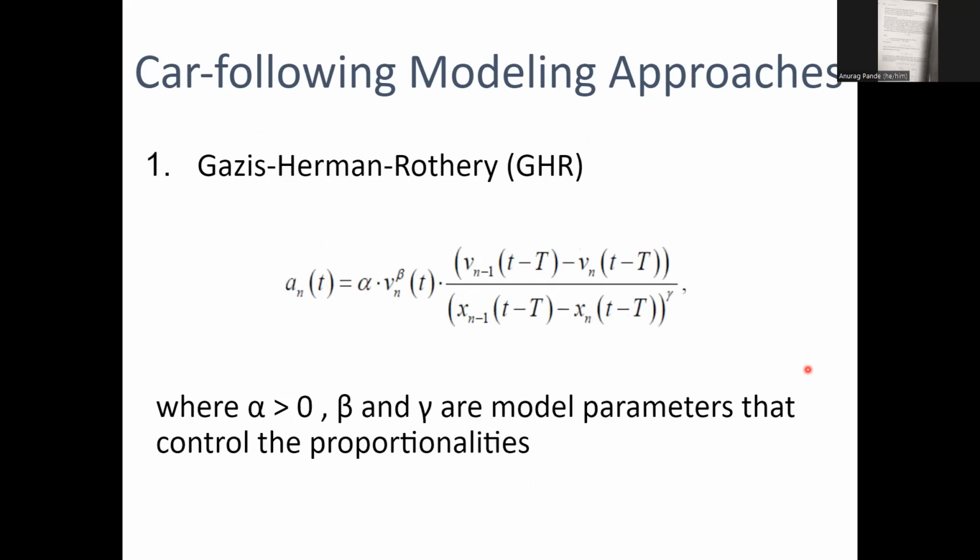Okay, so this is a complicated equation, and I should warn you that this is the math that's coming your way, at least some version of it. It looks very complicated, but it's not really that complicated, because what we are trying to say here is a_n(t), the acceleration of the nth vehicle at time t. So we can start writing some things down.